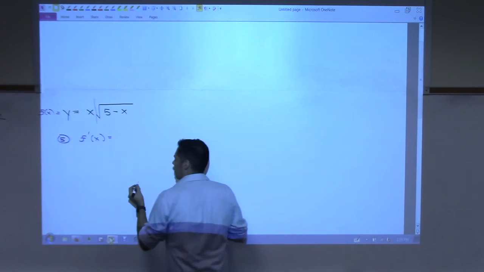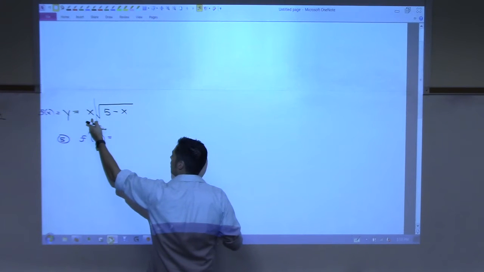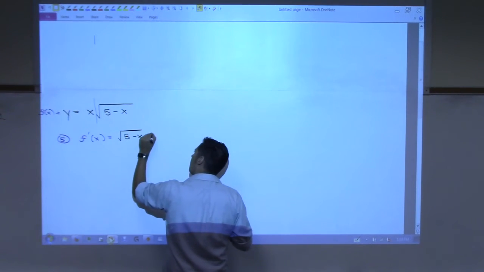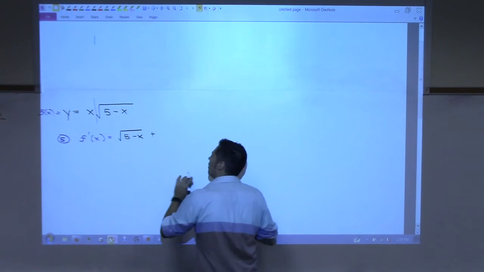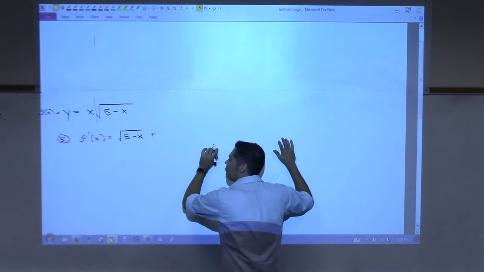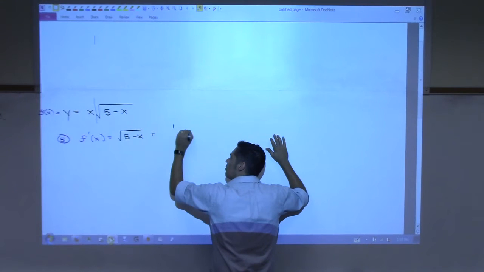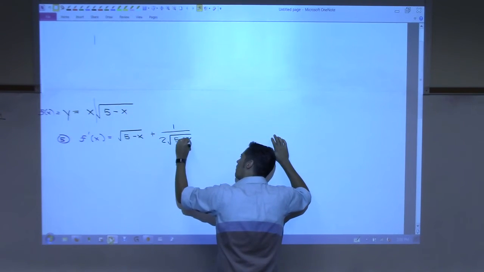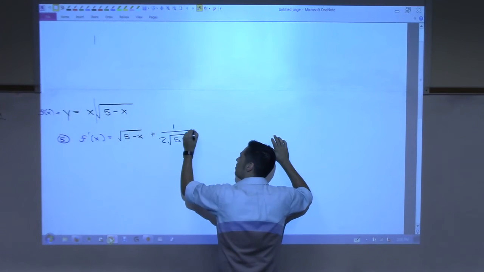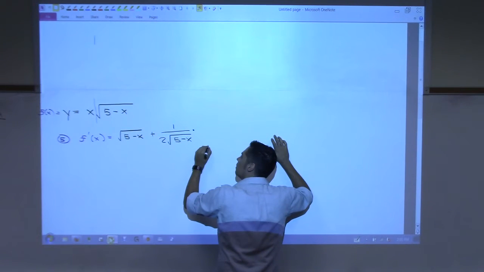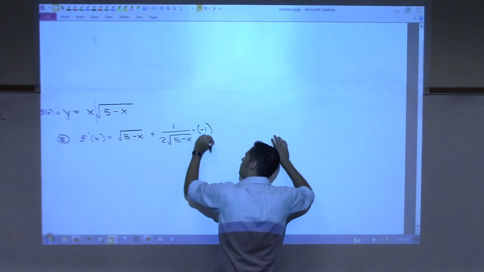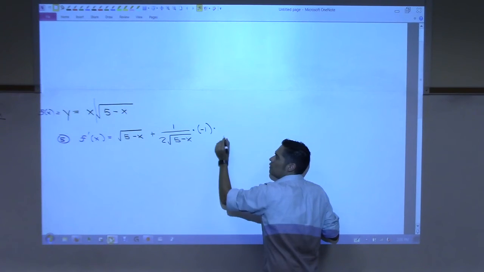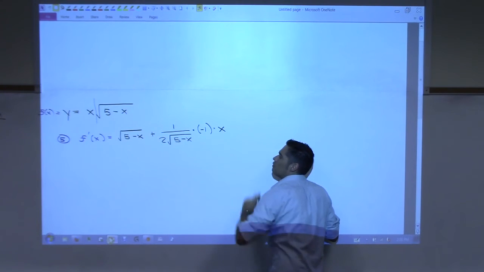Right here. Derivative of the first one is 1 times the second one, plus derivative of the second one. So let's be careful on that. Derivative of root of something, 1 over 2 root of the something, right? Times the derivative of what's inside, -1, and then finishing off the product rule times x.